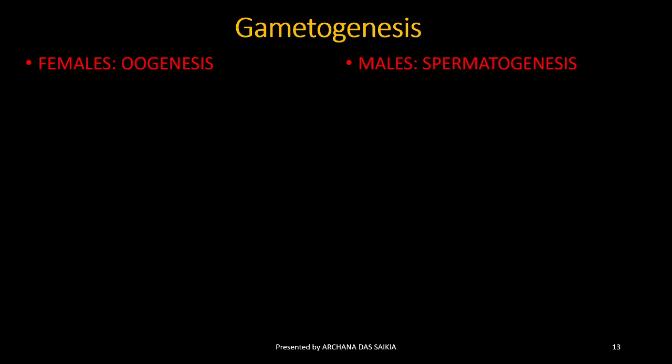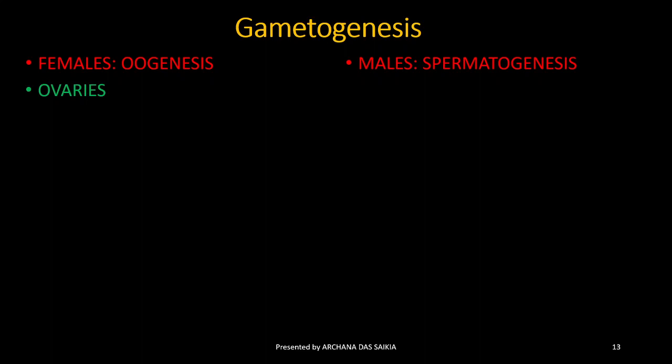And in males, the same process, that is formation of male gametes or the sperms or spermatozoa, is known as spermatogenesis. Genesis means formation, origin. So, oogenesis and spermatogenesis.